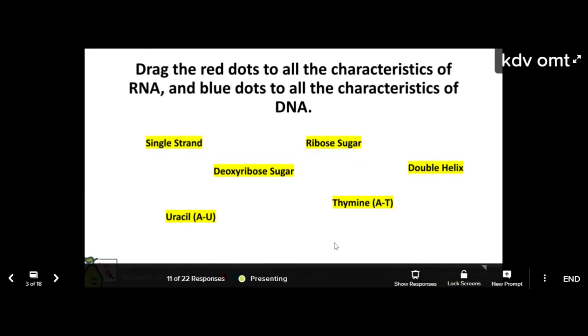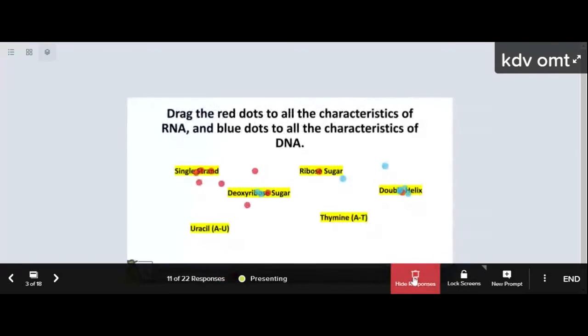And that's fine. We work through it. Show responses. Let me see. Oh, all right, so I got a red dot on single-stranded. Ribose is another, uracil. All right, I got some blue dots on deoxyribose. That's DNA. Good. Thymine's only in DNA. So get that red dot right. Double.